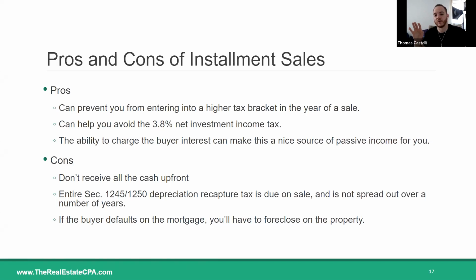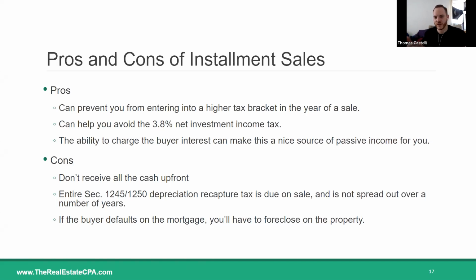Now, something to note here before we move on to the next section, there are variations to the installment sale. There's something called a monetized installment sale and a deferred sales trust, which again use installment sales as a base, but provide different options for how you receive the income. I did not include them in here because they are rather complicated and they're not used very often.